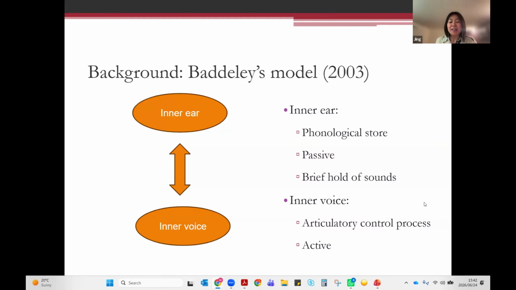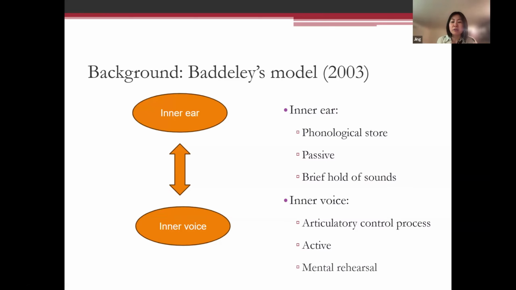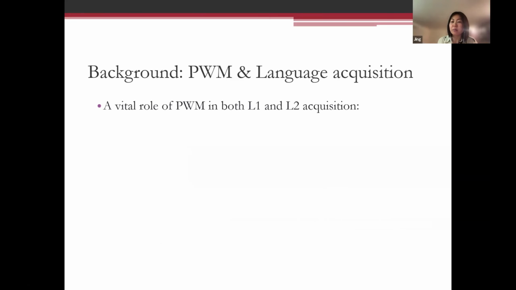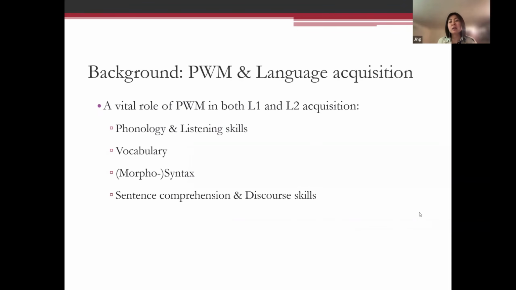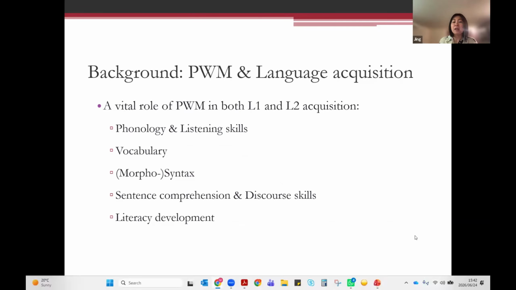Then if we move on to the next slide, it's about the role of phonological working memory in language acquisition. I mentioned already that in both first and second language acquisition, you will find a lot of significant positive influence from a strong phonological working memory in different language domains: phonology, prosody, listening skills, vocabulary development, syntax, morphosyntax, sentence comprehension, discourse skills, and later on literacy development when children learn how to read and write.